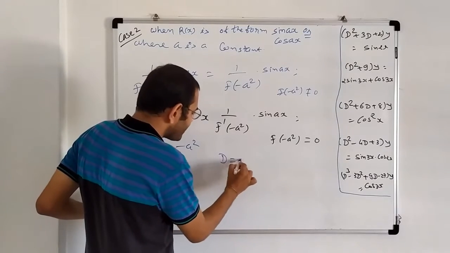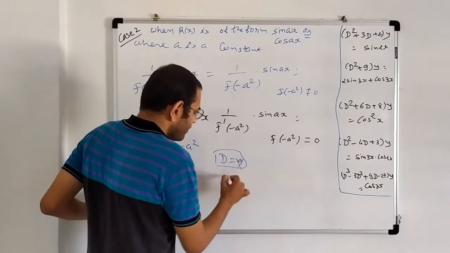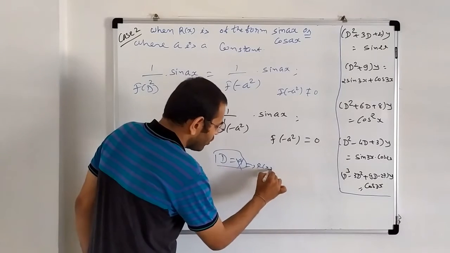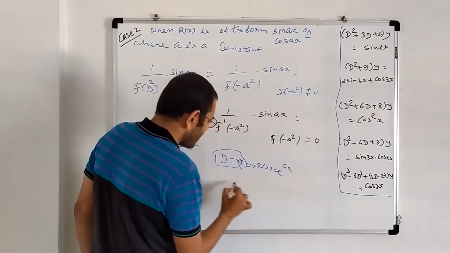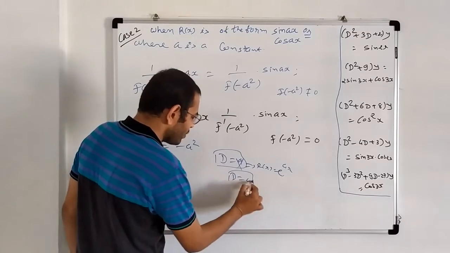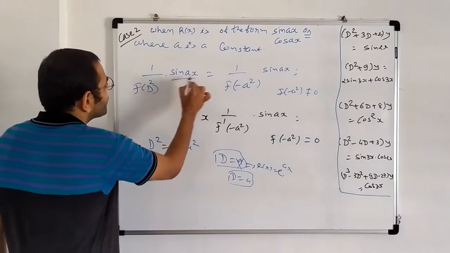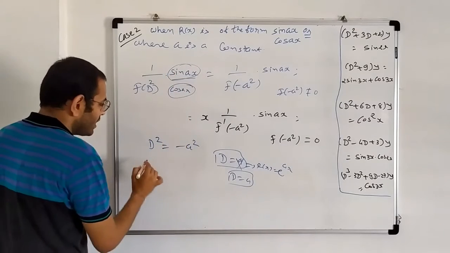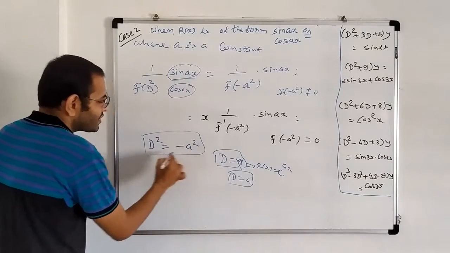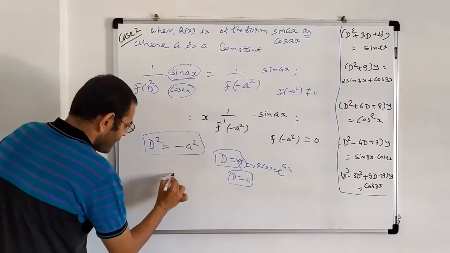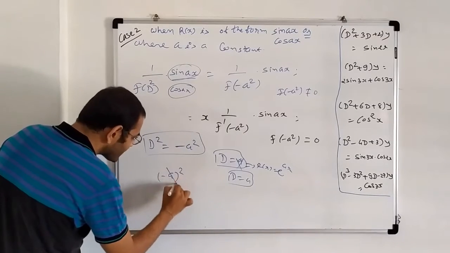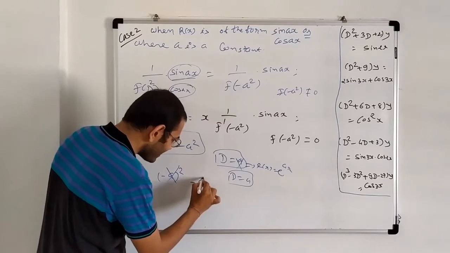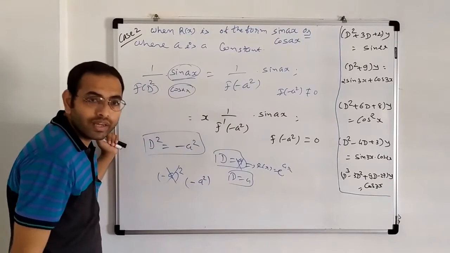We cannot replace D by a; that is case 1. If r of x is an exponential function, then we replace D equal to a. If r of x is sin or cos, in both cases we replace D square equal to minus a square.